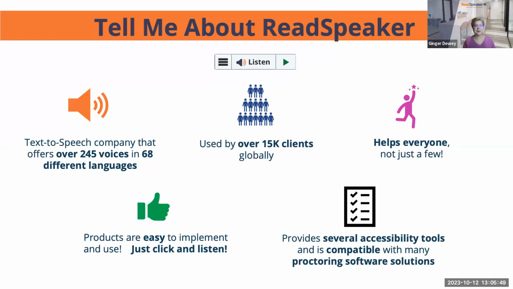My boss grew up in upstate New York, and there's a little area that is spelled Charlotte but pronounced differently, so we could make it say it one way for them and another way for everyone else. We have over 15,000 clients globally. We help everyone. It's so easy. All you do is click the listen button like you see at the top of the slide. We have several different accessibility tools, and we are compatible with most proctoring systems.